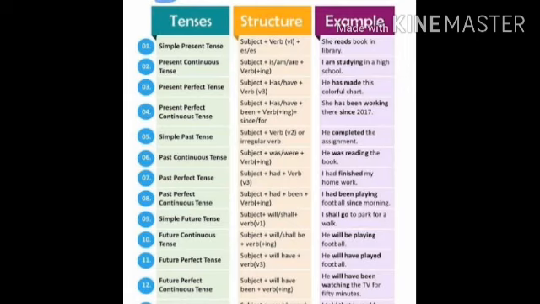So students, please keep in mind that always use second form of verb in simple sentences, and in negative and interrogative always use first form of verb plus did or did not.